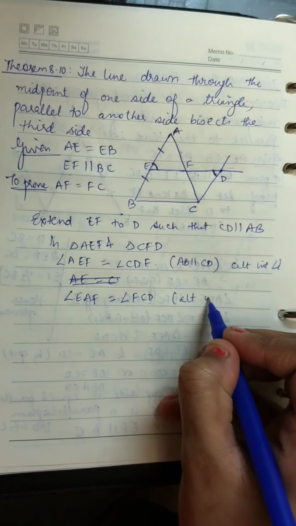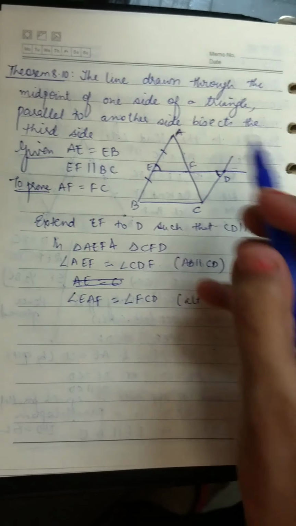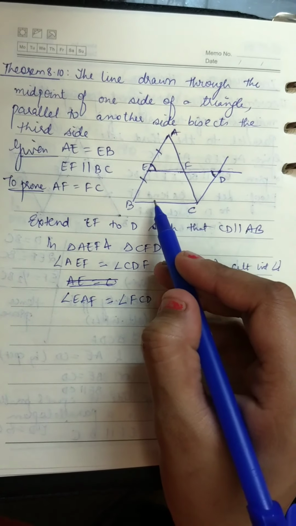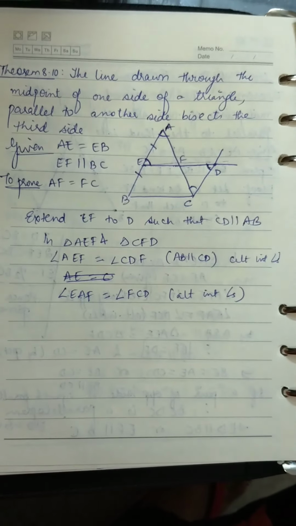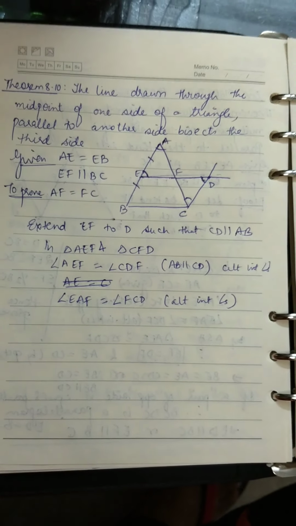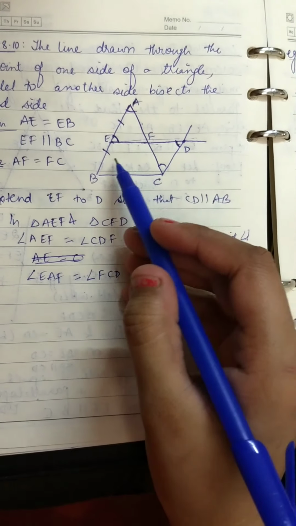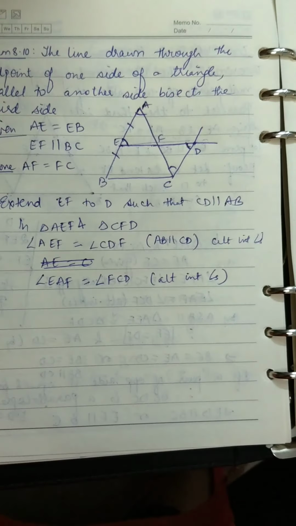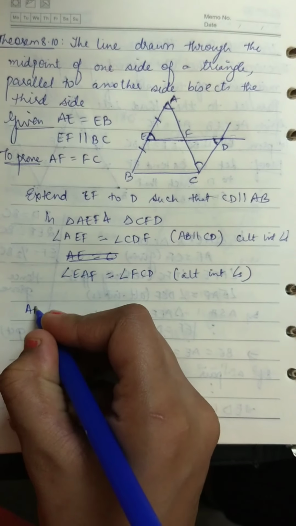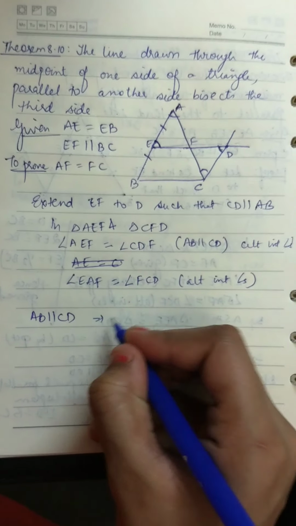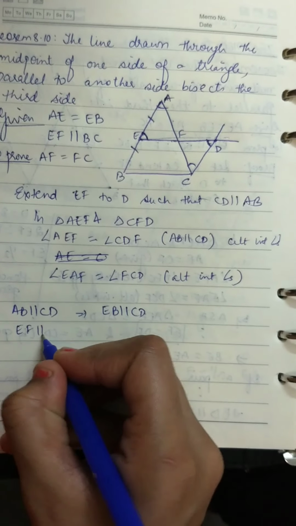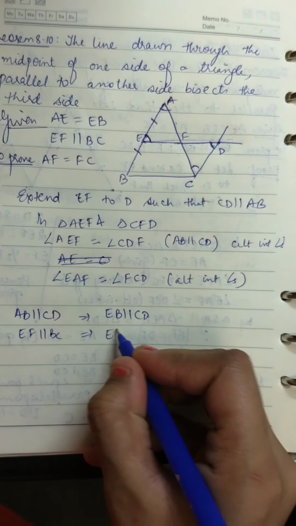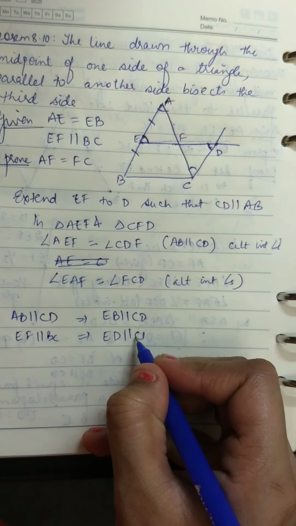These are also alternate interior angles. We can observe, we have constructed AB parallel to CD, therefore EB is also parallel to CD, and we know EF is parallel to BC. This implies ED is parallel to BC.